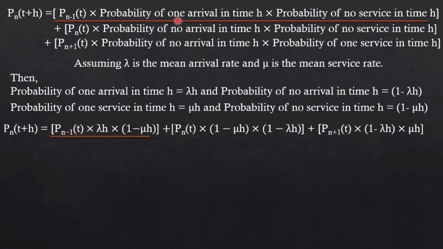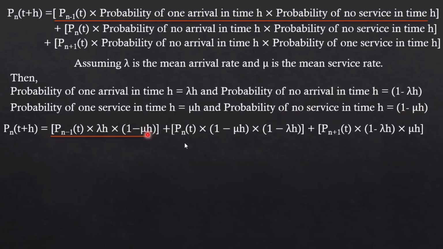Here is the probability of one arrival in small time h. So we know that one arrival is given by lambda into h. So this is lambda into h, and this is the probability of no service in time h. We have seen here that the probability of no service is given by 1 minus mu h. So this is 1 minus mu h.